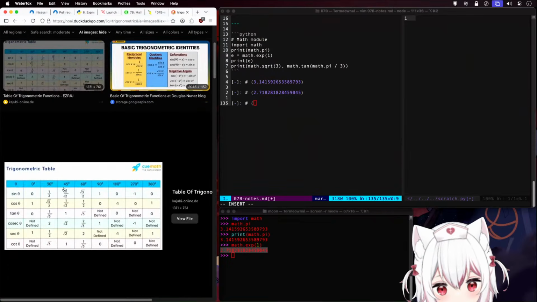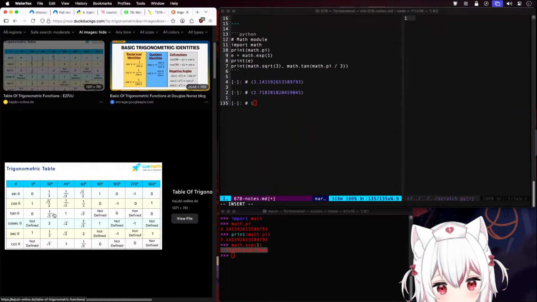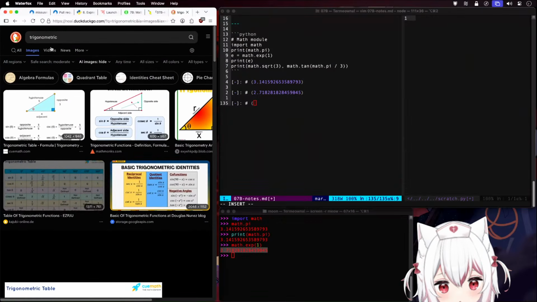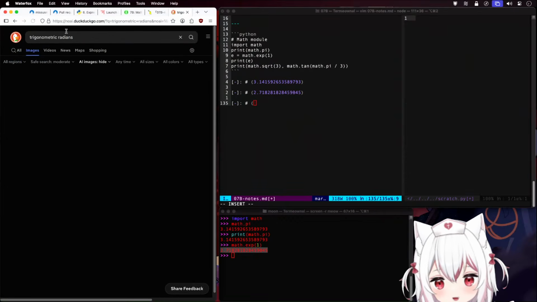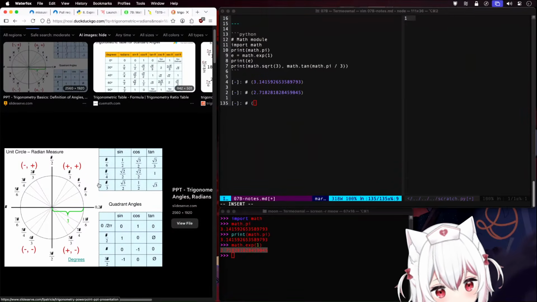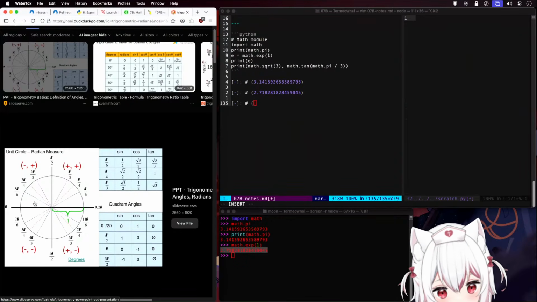This is what I was looking for. Maybe? Trigonometric radians? What is it called? This thing. Pi. Pi over 3. This one here.